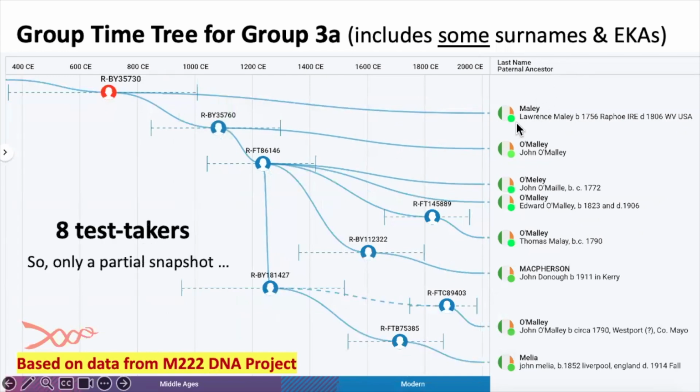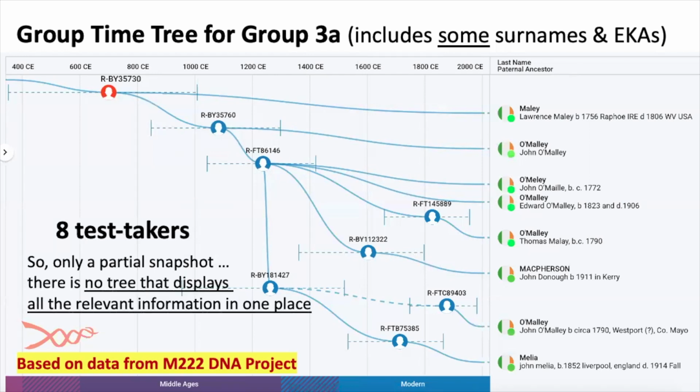It just goes to show that it's only a partial snapshot. It has a lot of the names, surnames and earliest known ancestors, but where are the rest of the 36 people we saw in the O'Malley DNA project? This is why I have to scramble from various projects to pull everything together. Not all the relevant information is in one place.